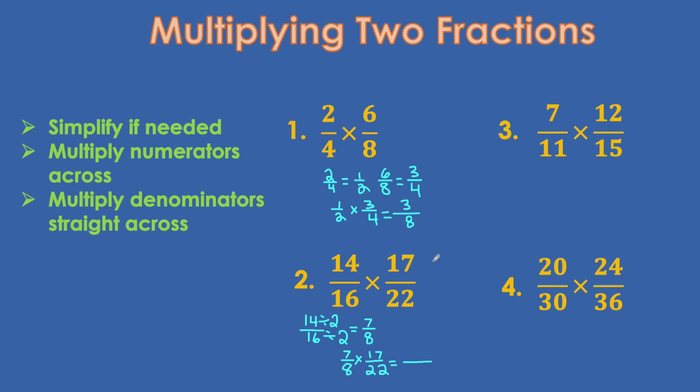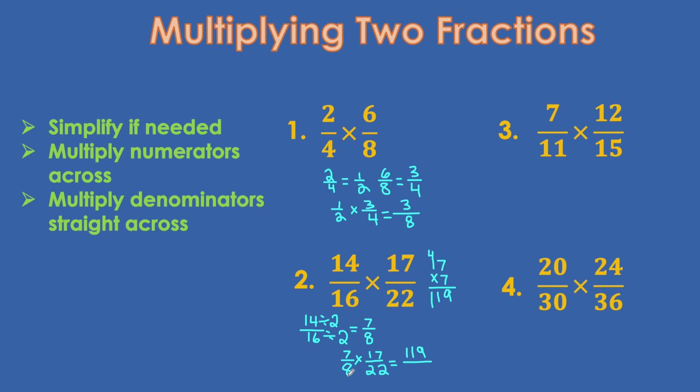17 times 7. Let's do it over here. Seven times 7 is 49. Carry the 4. 1 times 7 is 7, plus 4 is 11. So we have 119 for the numerator.